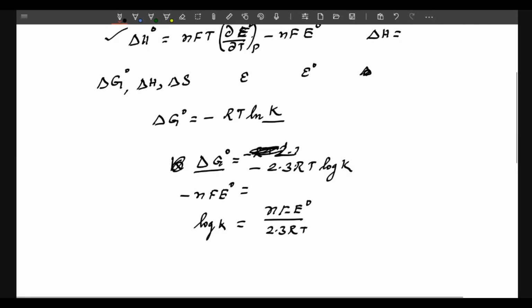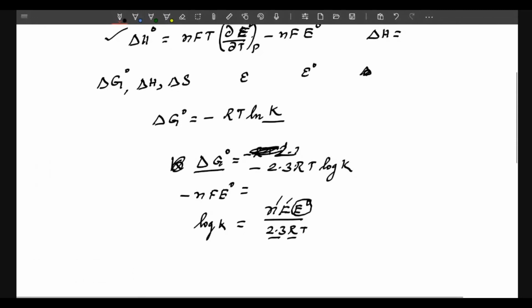Here n, the number of electrons involved in the process, keeps changing. E naught is also going to change. F is the Faraday, and the Faraday is a constant, equal to 96,500 coulombs. And 2.3 is a constant, T is a constant, R is a constant.